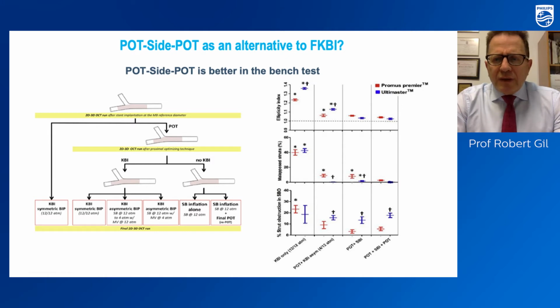But if you look at the results of this experiment, you can appreciate that the best results were achieved in this approach, POT, side dilatation, POT, which nowadays is thought of as an alternative to final kissing balloon.